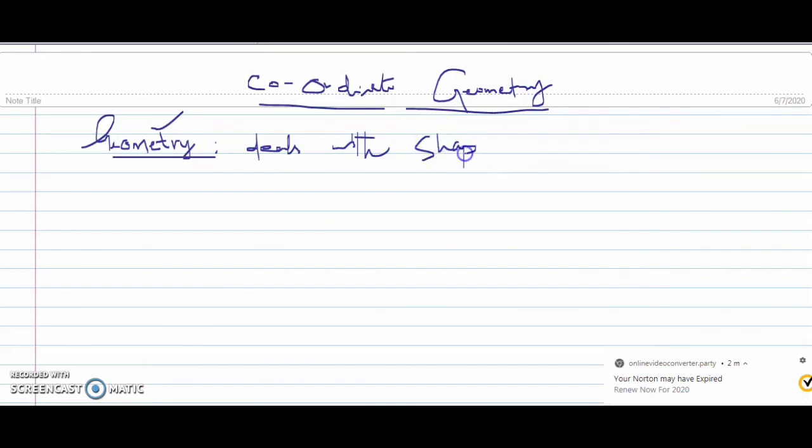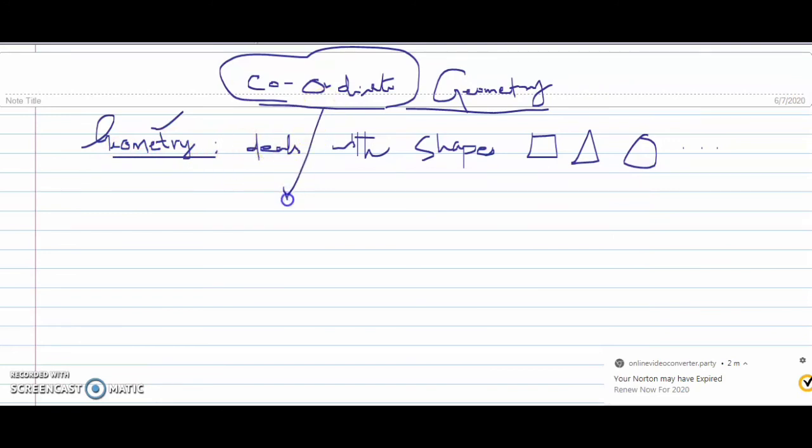You have learned about geometry in your previous classes, isn't it? You have learned about different shapes such as quadrilaterals, triangles, circles, polygons, etc. Geometry deals with shapes on a plane surface. Remember, on a plane surface.